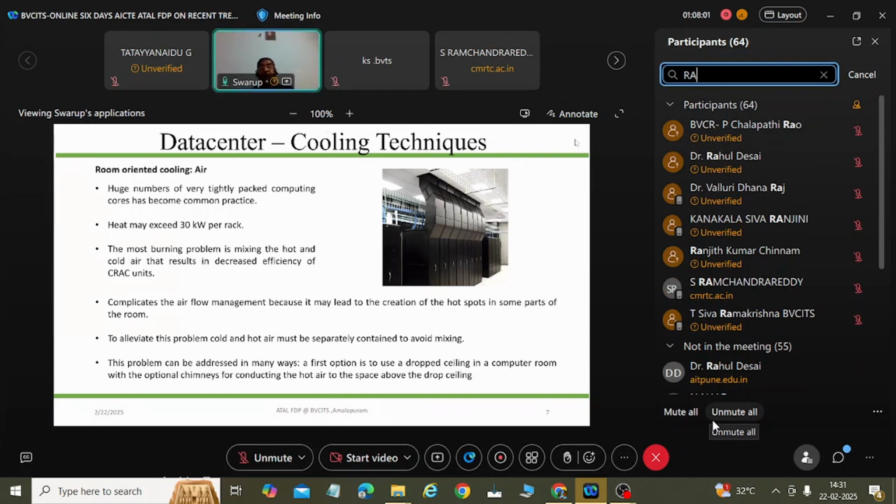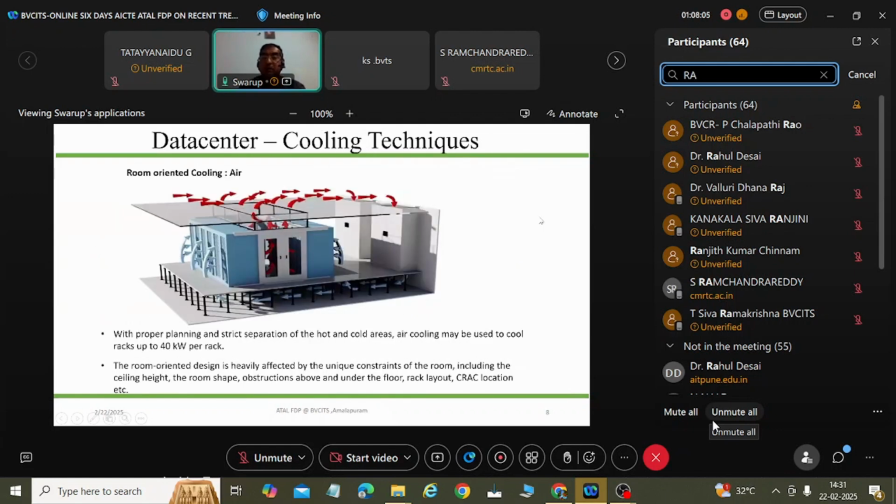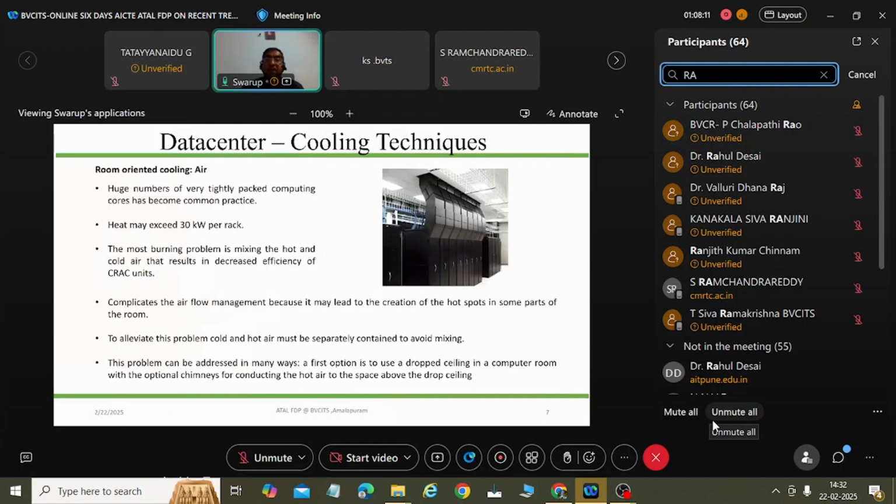Now coming to this room oriented cooling. What is the approach here? The first one we are talking about is bottom level cooling, where the cold air is coming from the bottom and the hot air is coming out from the top, through the chamber made for that.